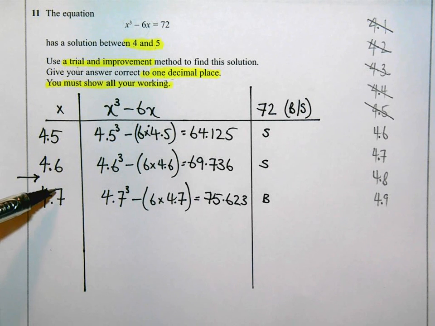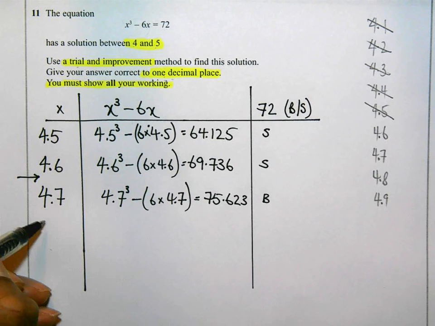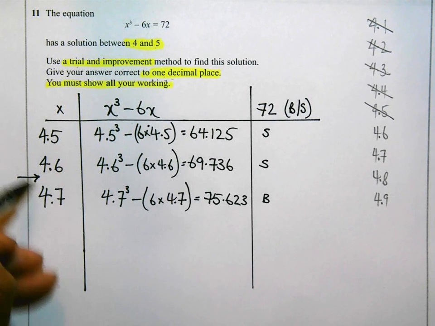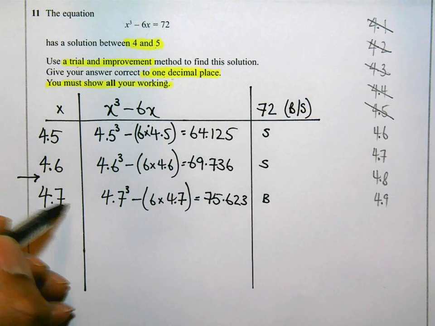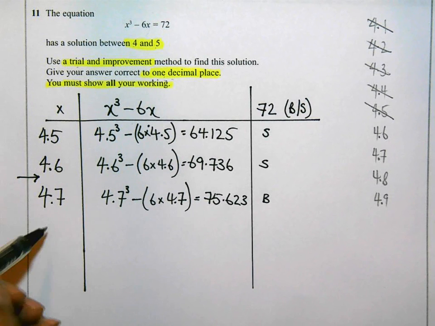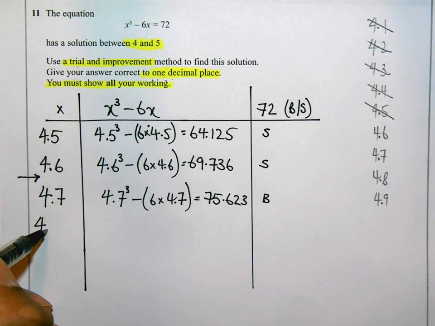Now I'm going to try a number between 4.6 and 4.7 to help me decide which of these to choose. I'm going to choose the halfway number, 4.65.